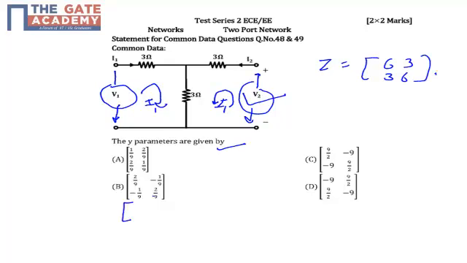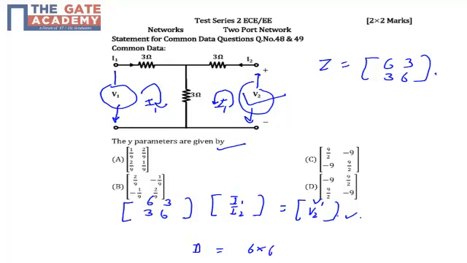So I can use this equation: the matrix [6 3; 3 6] times [I1; I2] is equal to [V1; V2]. This is the equation for z parameters. If I find the delta here, it will be 6 into 6 minus 3 into 3, the determinant of this matrix, which is 27.